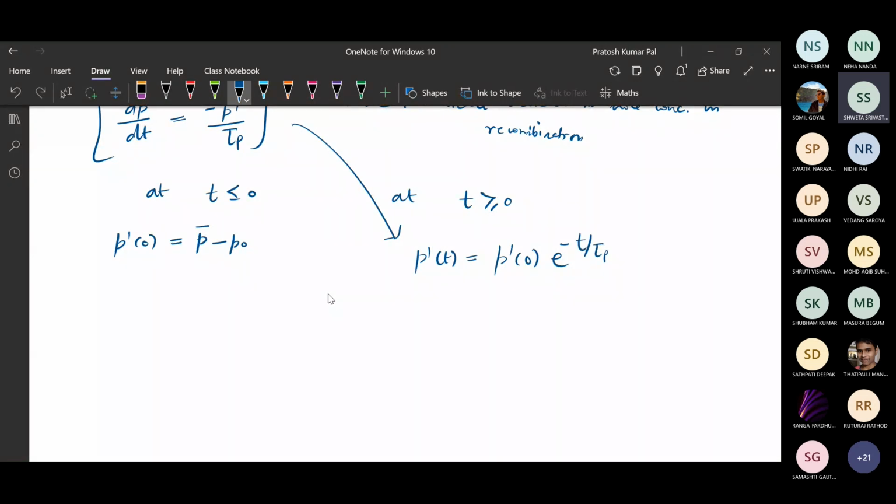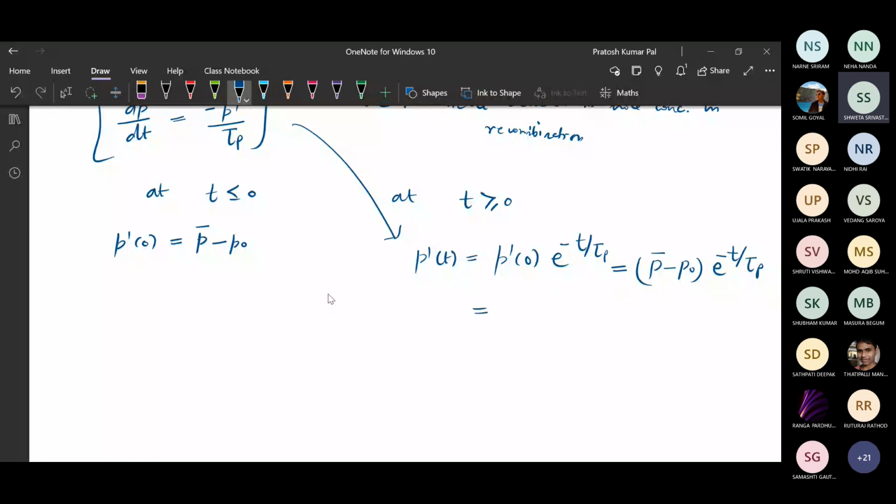The initial p dash value is nothing but the change, p dash minus p naught, the increase in holes. This maximum increase is going to reduce with respect to the carrier lifetime.